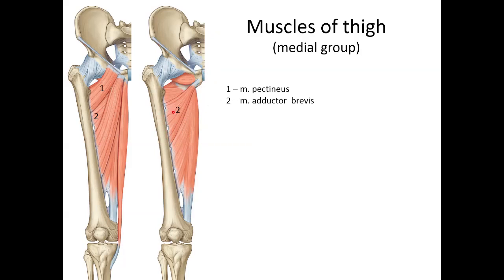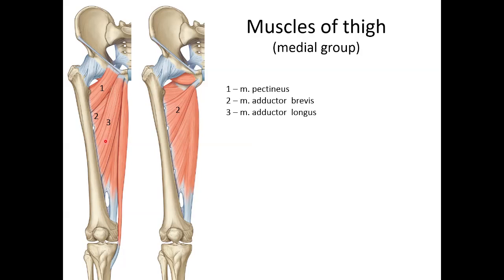So adductio. Then number 3. We can see it only in the left picture. Why? Because it is located more superficially. Number 3 is musculus adductor longus.